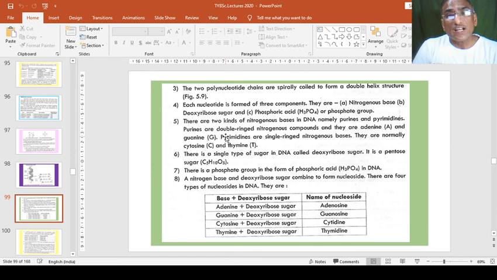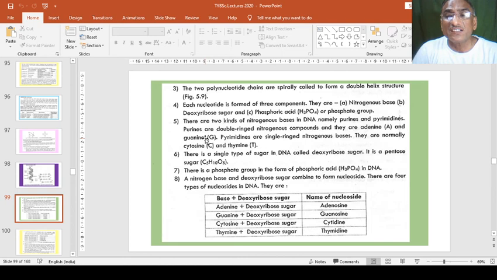There are two kinds of nitrogenous bases in the DNA: purines and pyrimidines. Purines are double ringed nitrogenous compounds, and they are adenine and guanine.